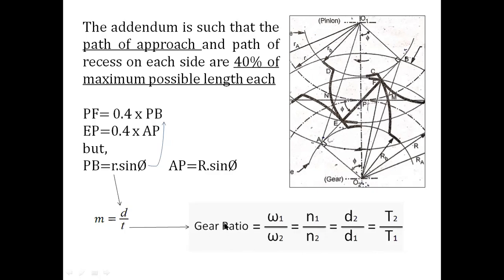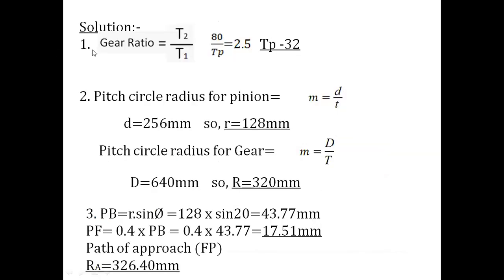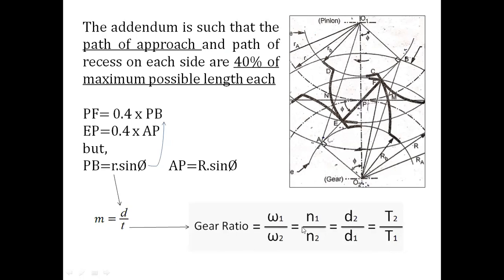So I am considering this ratio. This value is given, the number of teeth on gear is given, two values are known, only T1, teeth on pinion, we have to find out. Okay, so this is the flow to solve the numericals. From the gear ratio we will find T1, put the value of T1 here. So D we will find, and put the value of R in this equation.